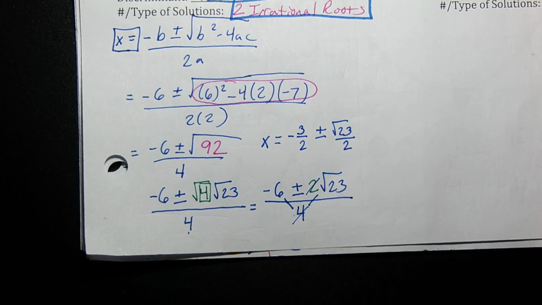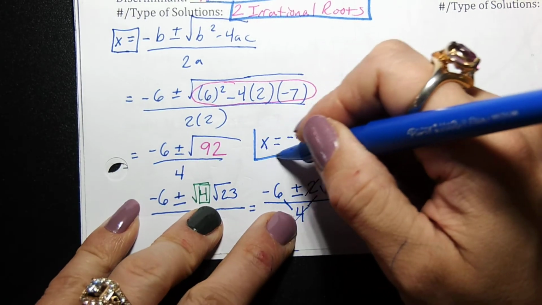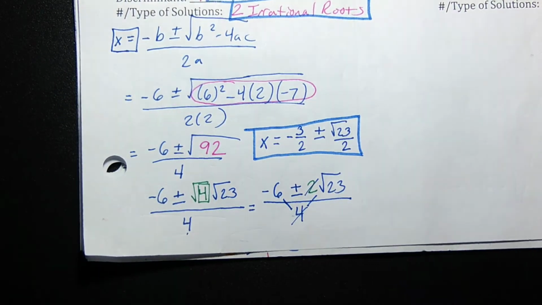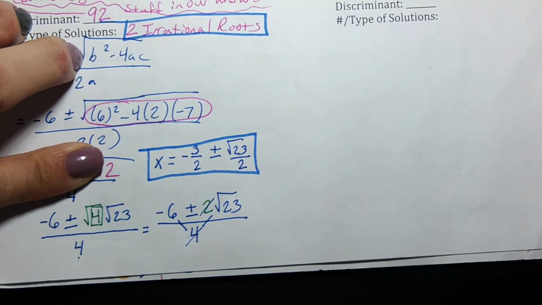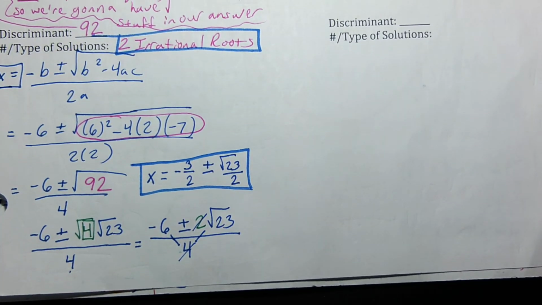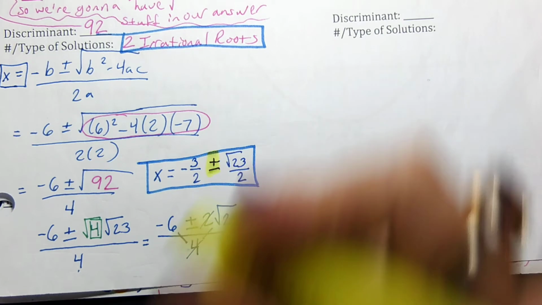Now, folks, you could leave your answer like this. But I want to show you what the 2 roots are because sometimes students get confused with the fact that this is a binomial. My 2 roots come from the plus and minus in between these fractions.